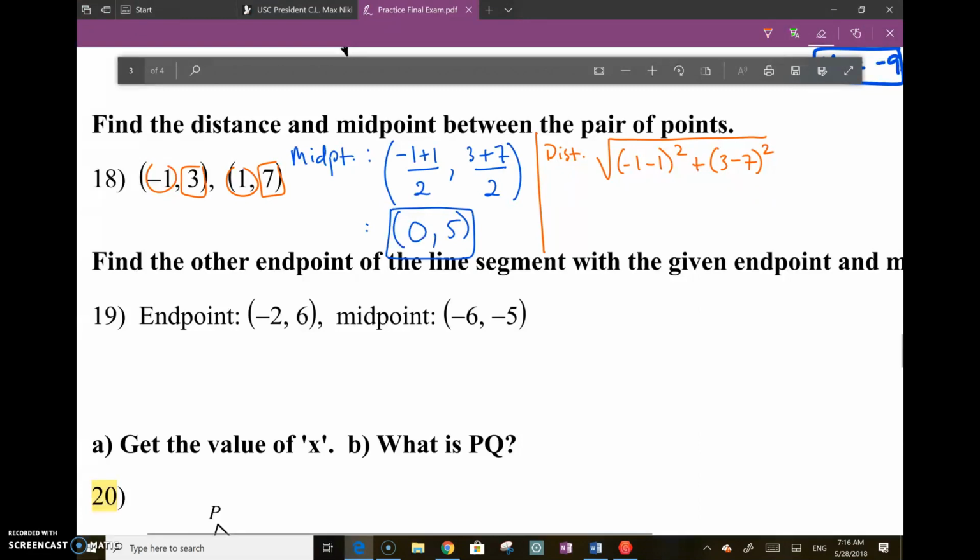And no matter what you get from these parentheses will be squared: if you get a negative value, when you square it, it'll be positive, and a positive value stays positive. So the order does not matter, and that flexibility makes this quite nice to work with.